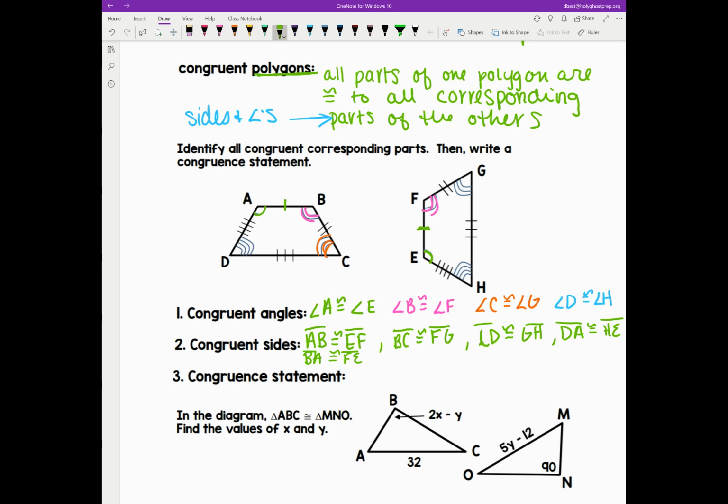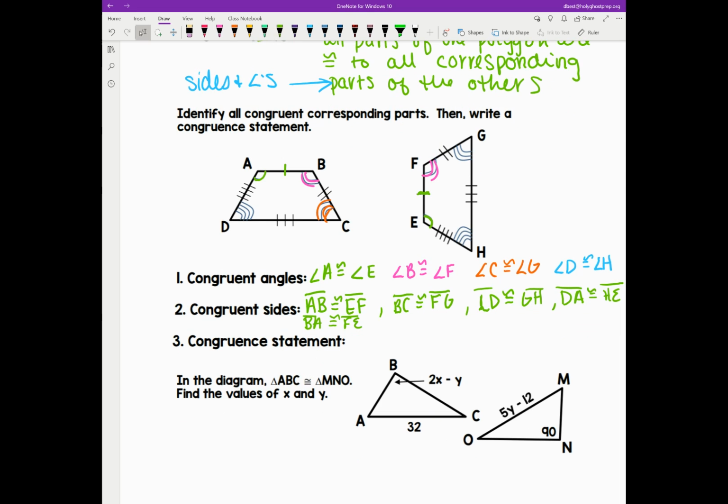Our congruent statement is what names the two polygons that are congruent to each other. In this case, I would say ABCD is congruent to, and you do have to go in order. Here I started with angle A, which had the one arch, which means I have to start the second part of the sentence with this corresponding piece.